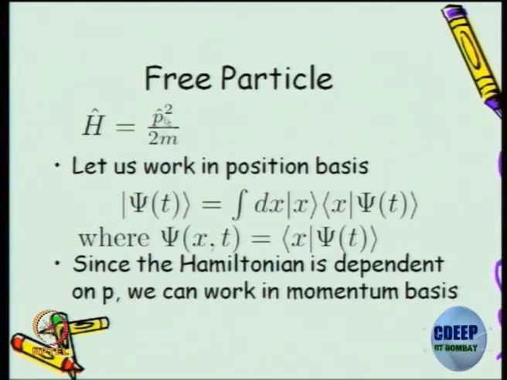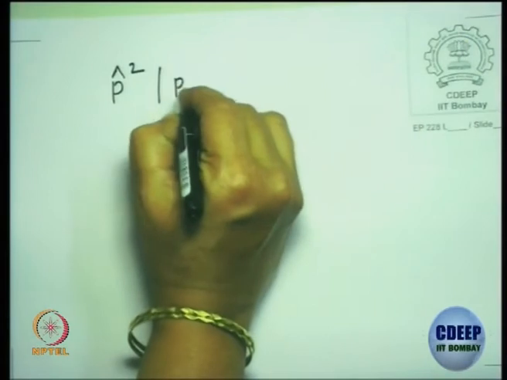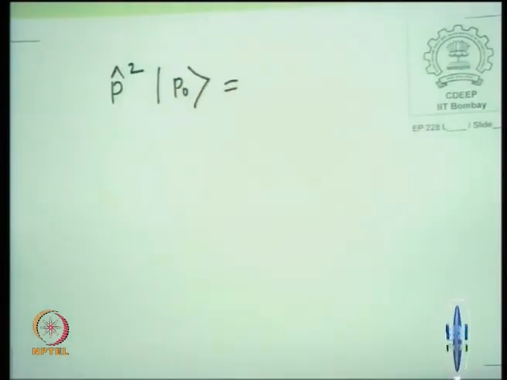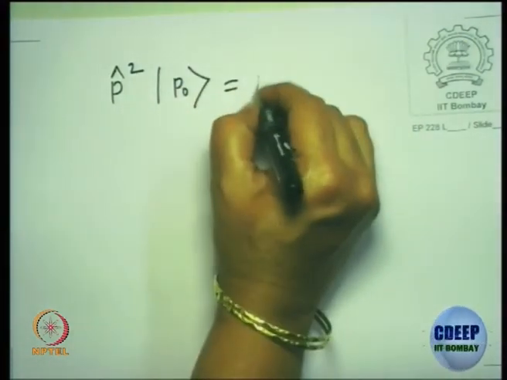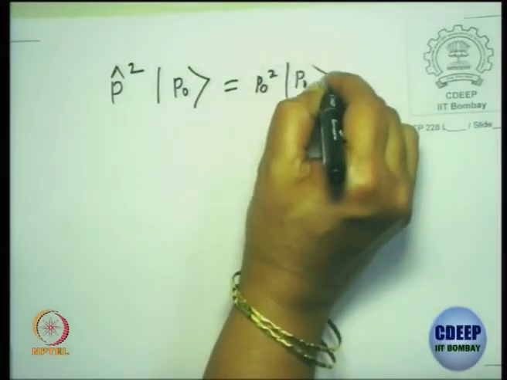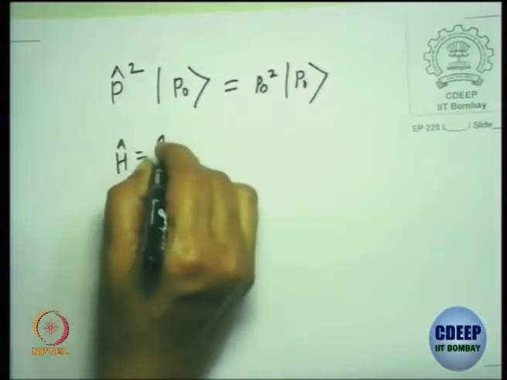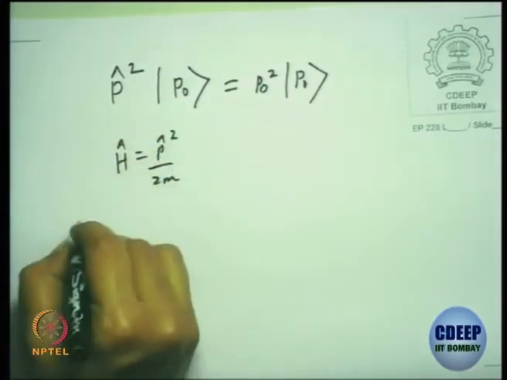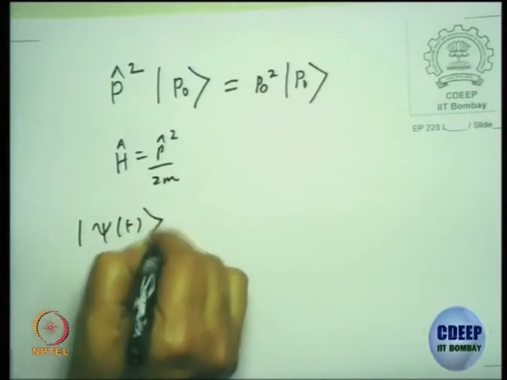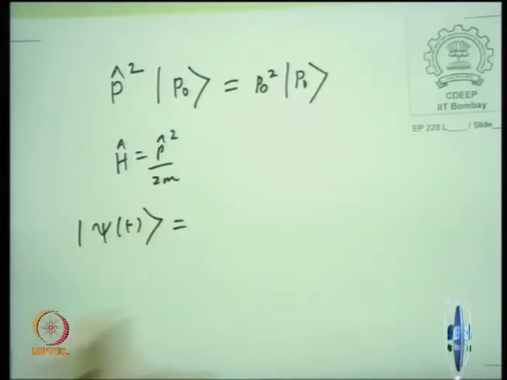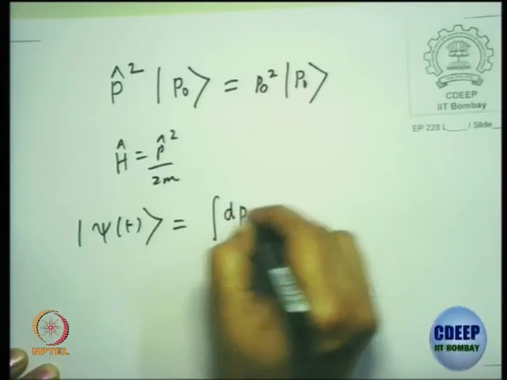I do not know what is p squared on x, but I definitely know what p hat squared on a p naught state will be: p naught squared, the eigenvalue, times p naught. Right. The Hamiltonian is p squared over 2m. So, we wrote the state psi of t in position space, but you could have written it in the momentum space.